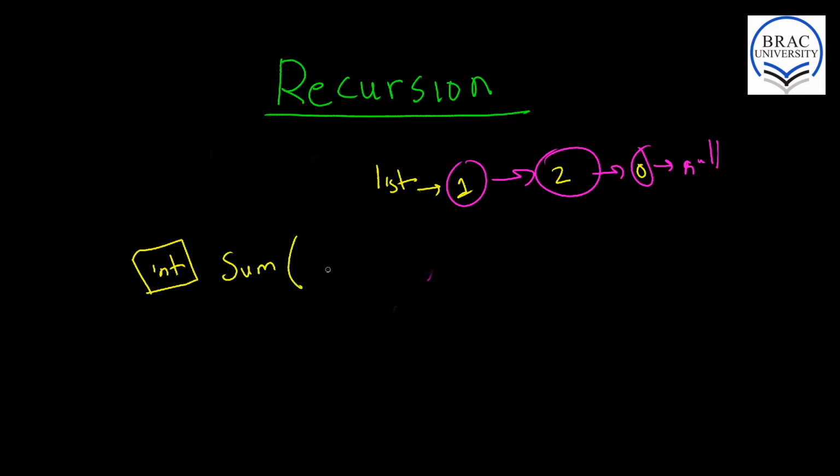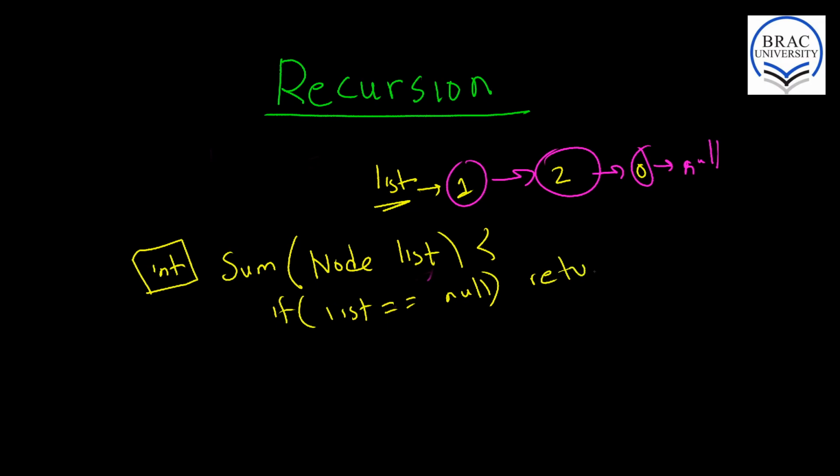We provide a node type parameter, node list, so this variable will be passed to this function. If we arrive at a node which is null, that null node doesn't contain any value, so we'll return 0.